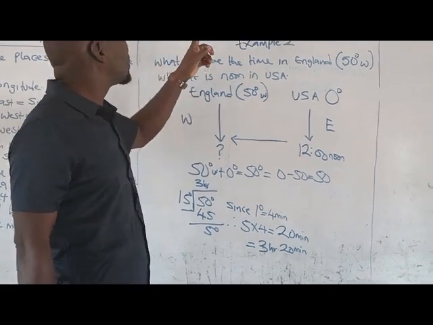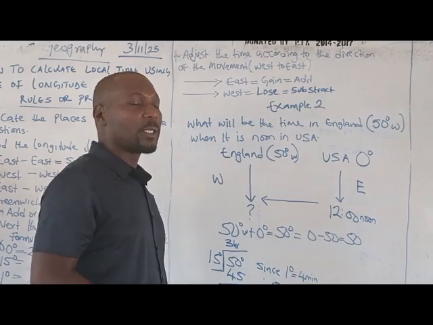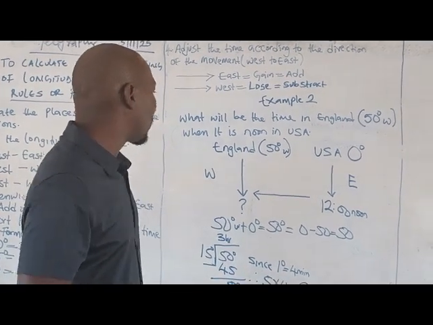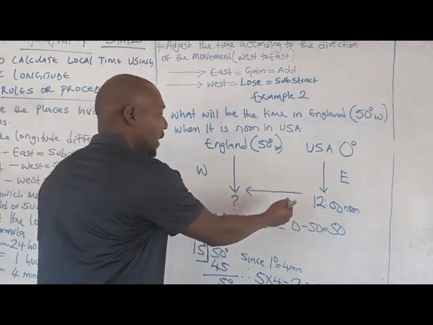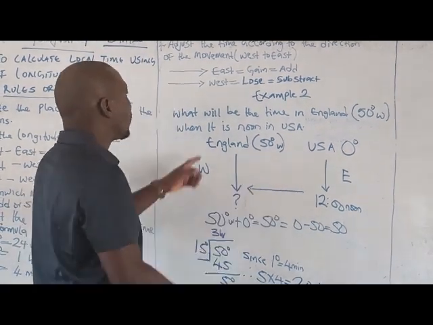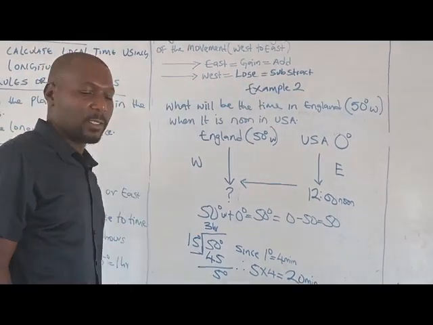They say we have to adjust the time according to direction of the movement. Where is the direction of the movement? You can see that the arrow now is going towards the west. So we are losing, so we are subtracting.